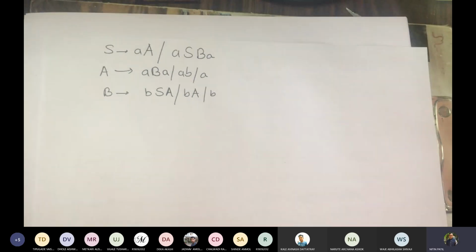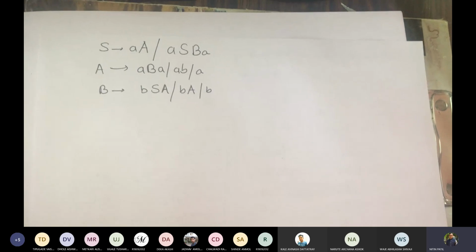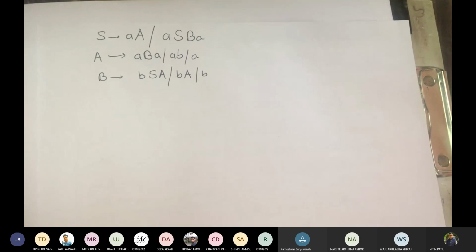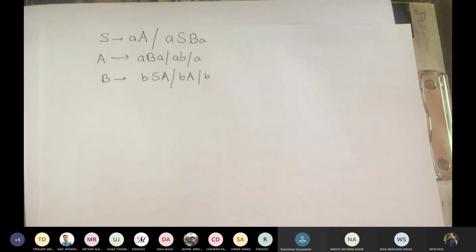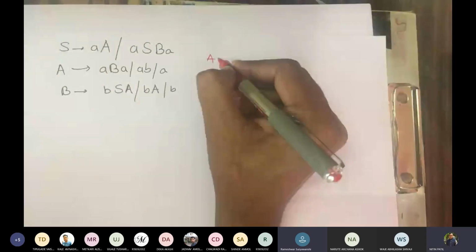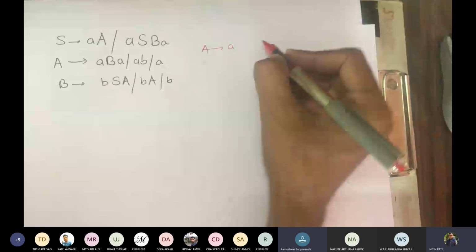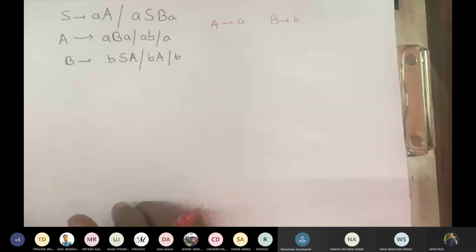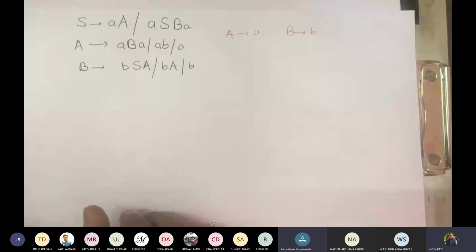Rameshwar, how many productions are of the required form of CNF? 2. Which one? A gives a and B gives b.